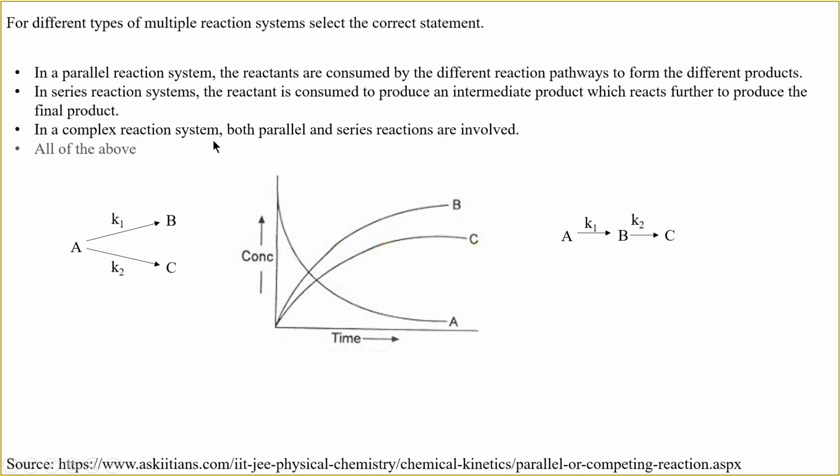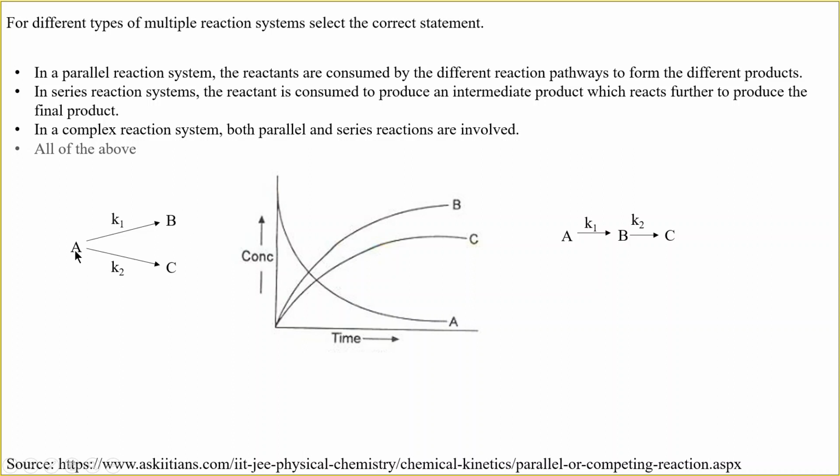In a complex reaction system, both parallel and series reactions are involved. Now this statement is quite questionable. Why? It is saying that both parallel and series reactions can happen in a complex reaction system. And this statement is true because in nature or in some chemical reactions, sometimes A can either undergo parallel reactions like this, or A forming B can form D also if it goes ahead.